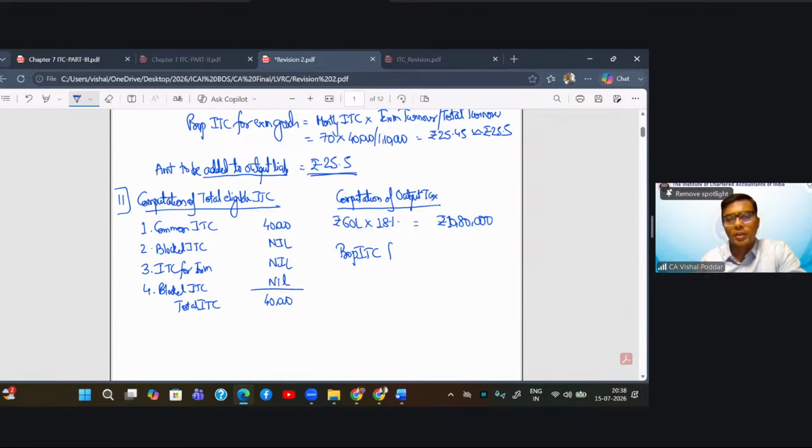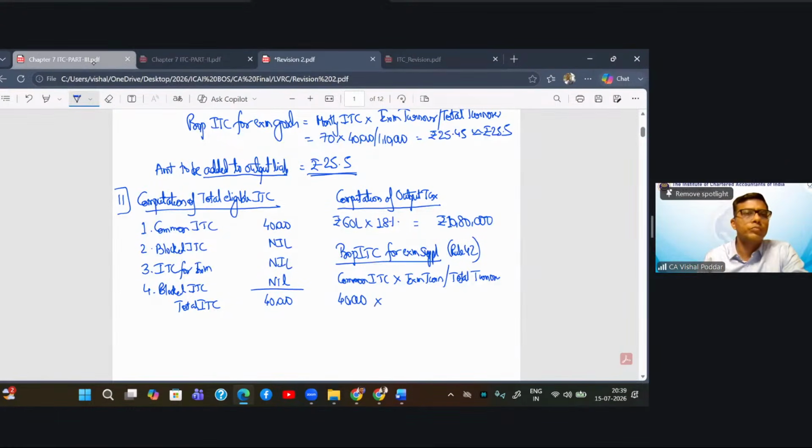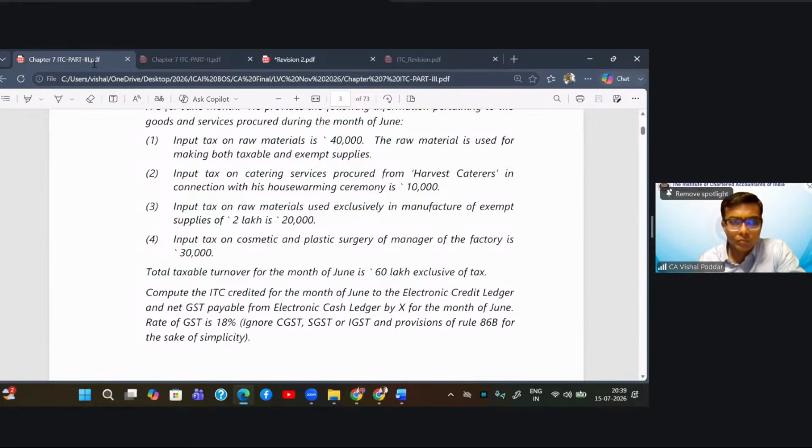Proportionate ITC for exempt supplies. Rule 42. So it is common into exempt turnover upon total turnover. Common is this 40,000 into the exempt supply. Students, our exempt supply is of rupees 2 lakhs.